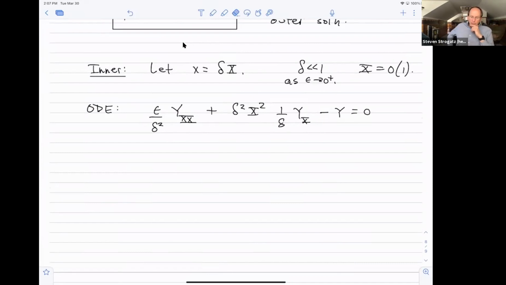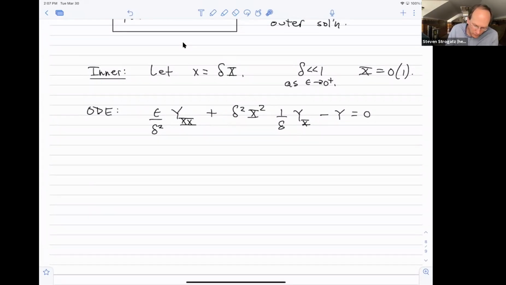Okay, so now let's clean this up a little bit. Notice that there's a couple factors of delta here. There's a delta squared and a delta. So in fact, the scaling on this term is just order delta after you cancel out one of them. And so when we look at the balances, since I'm getting a little low on time, maybe I'll just say you can consider the three possible balances again.